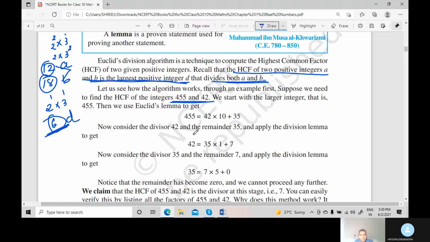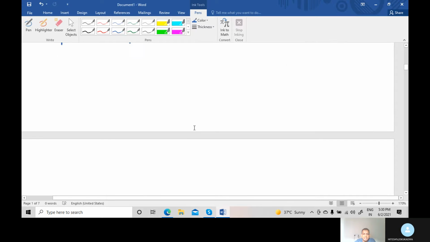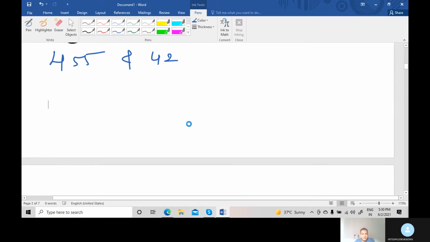Take 455 and 42, only for explanation. We find the HCF of 455 and 42. Here 455 is the bigger number, so divide it by 42.